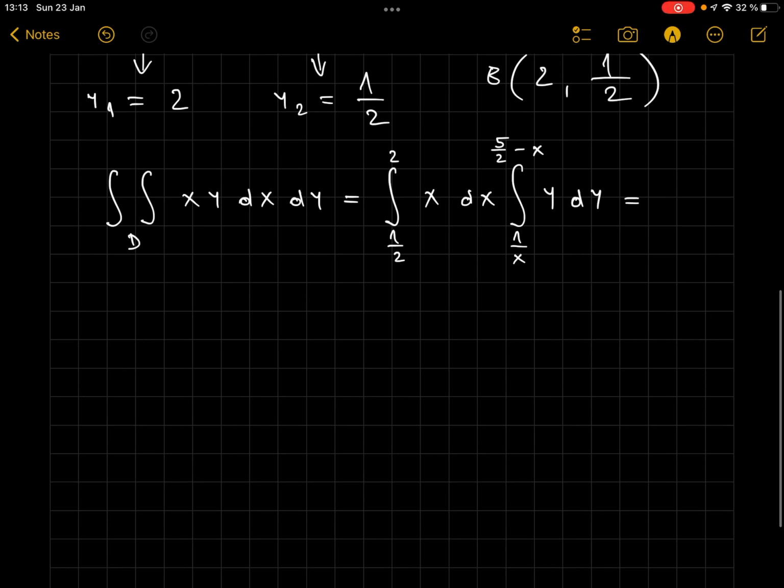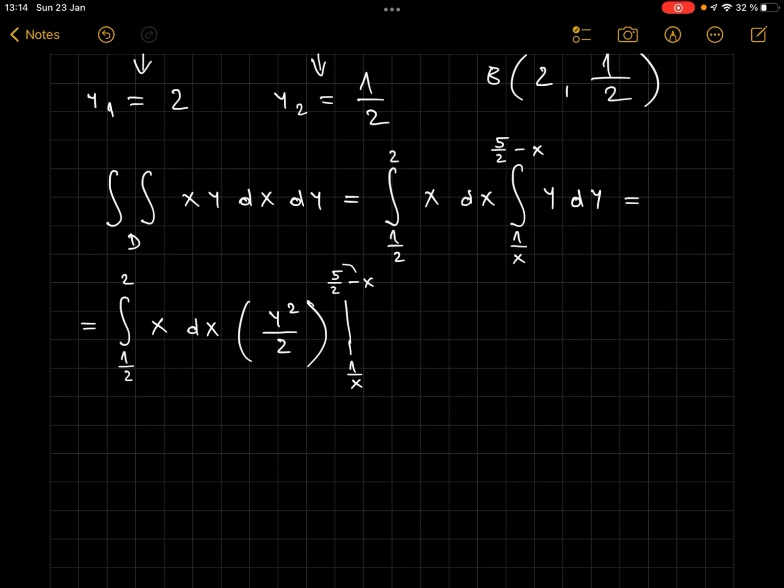Now we've just completed the hardest part of the job, and now all we have to do is integrate. So we'll get the integral from 1/2 to 2 of x dx times y squared over 2, which is the integral of y dy, between the limits of 1 to the x and 5/2 minus x.